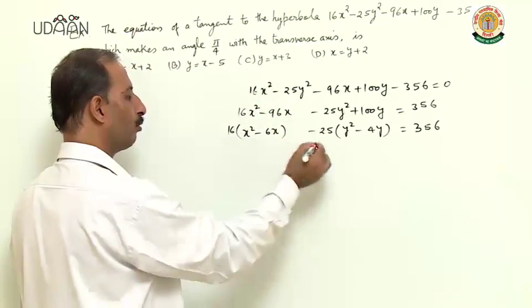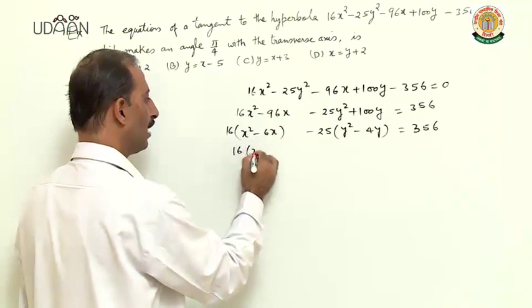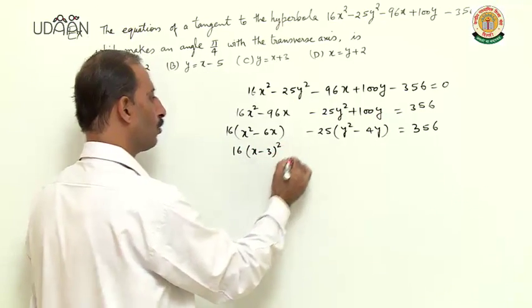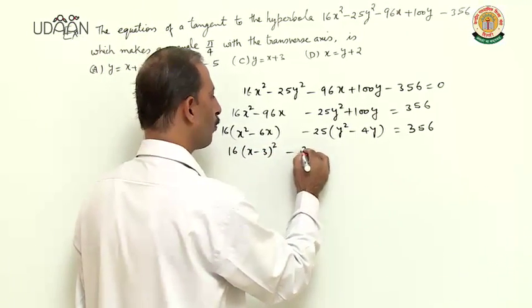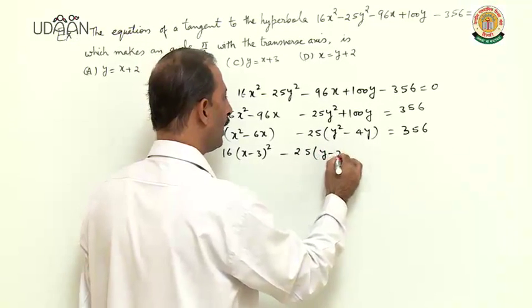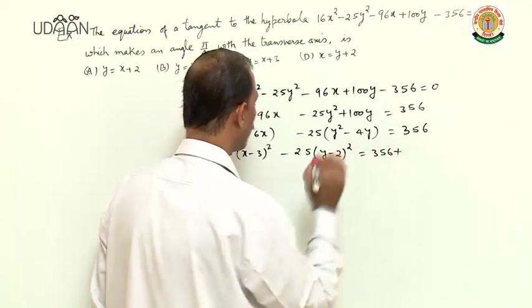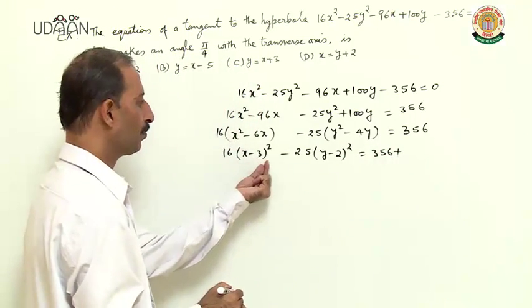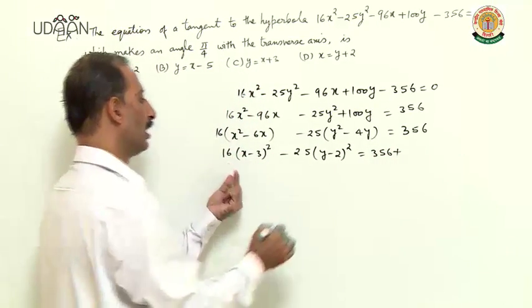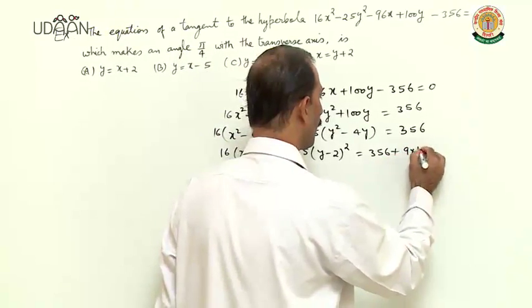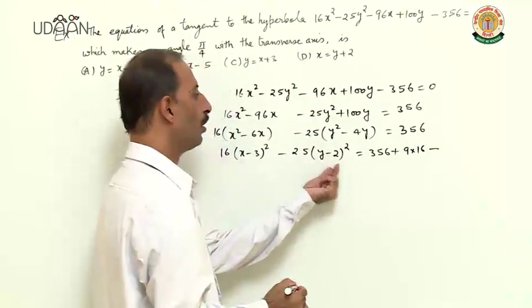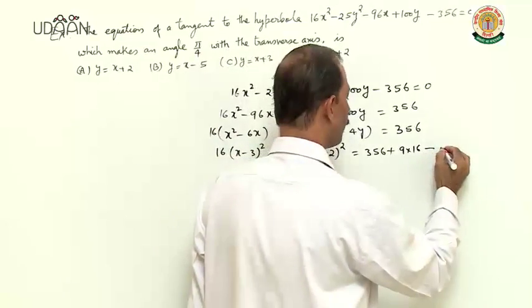If you convert into the standard form you will get 16 times (x minus 3) whole square minus 25 times (y minus 2) whole square is equal to 356 plus 9 into 16 minus 4 into 25.